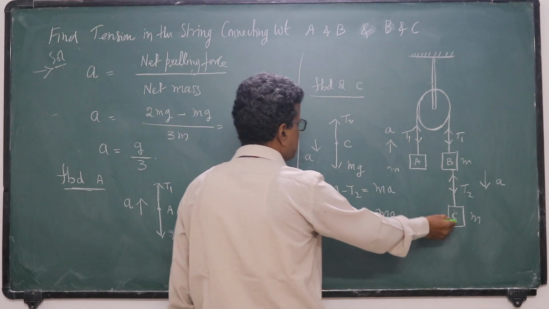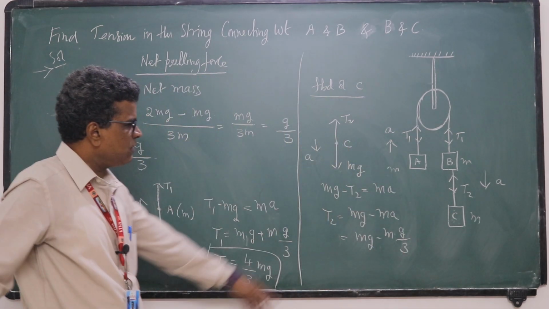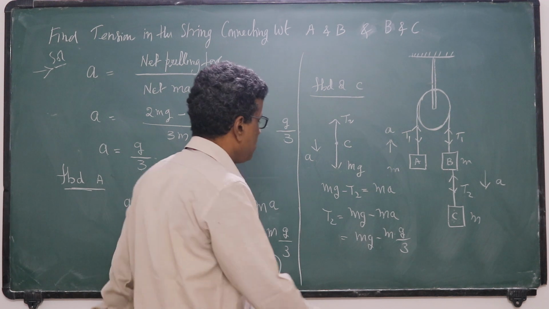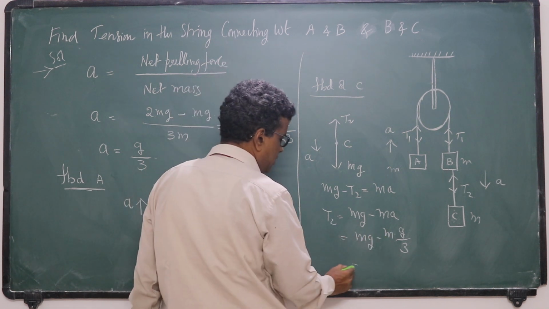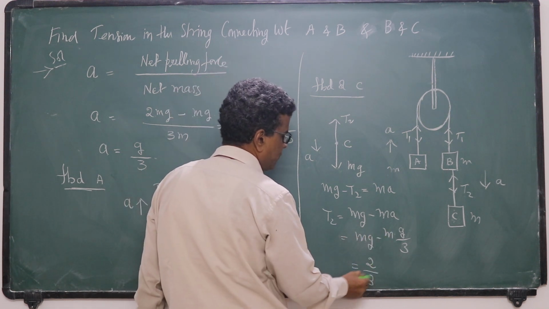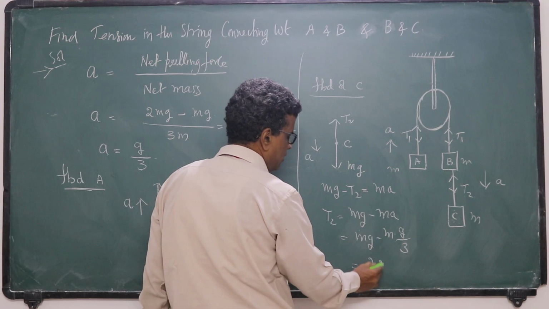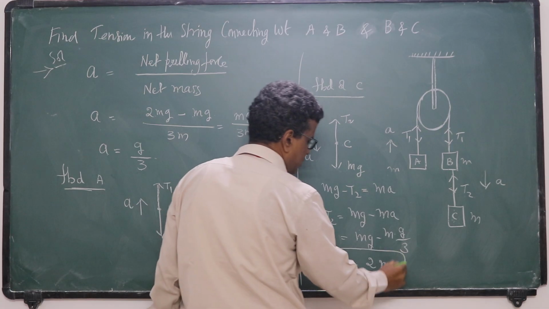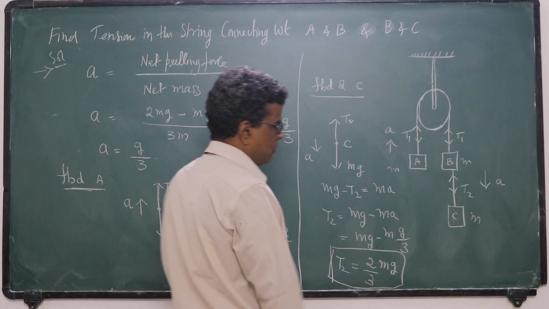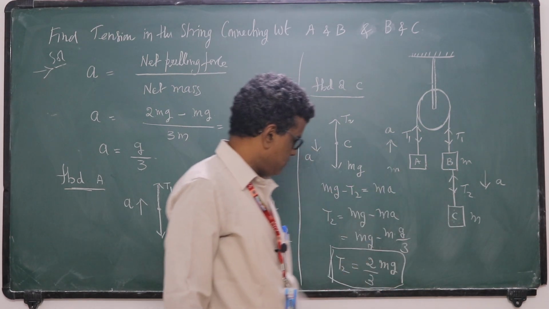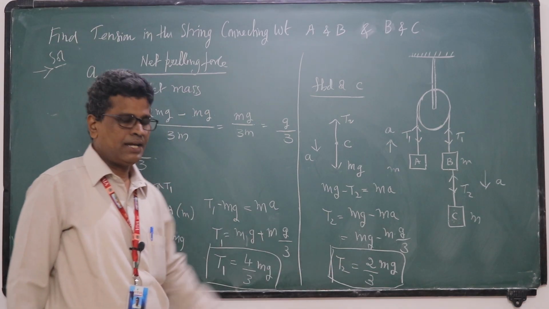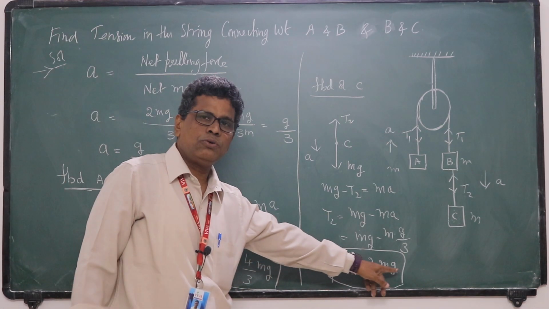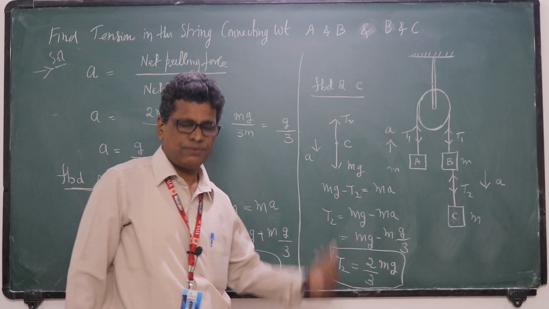Since acceleration of C is equal to acceleration of A, that is equal to acceleration of B. So 1 minus 1 by 3, 2 by 3. 3 minus 1, 2 by 3 mg. So that is tension connecting between the strings B and C. Okay. It is given by T2 is equal to 2 by 3 mg. Take this.